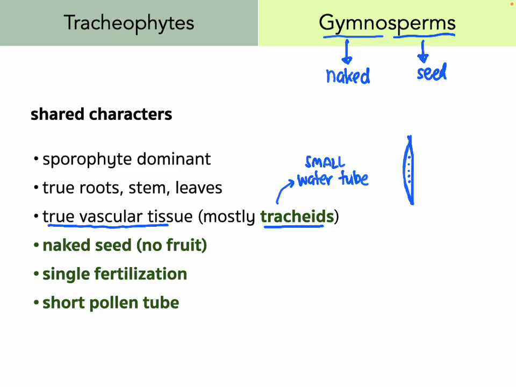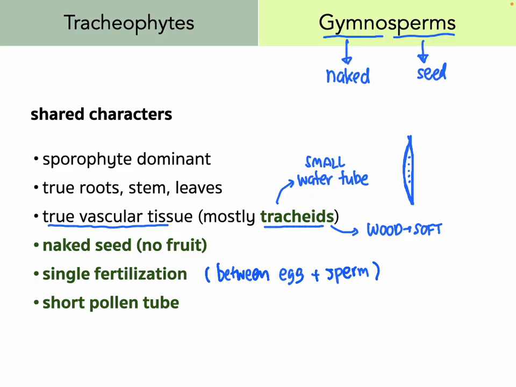Most of these have tracheids, and the fact that tracheids are small makes the wood of this group soft, because they make up really small things, so you can bend them really easily. This group has naked seed, no fruit, just a seed, and they have single fertilization only between egg and sperm. The other type of fertilization, we'll talk about a bit later.